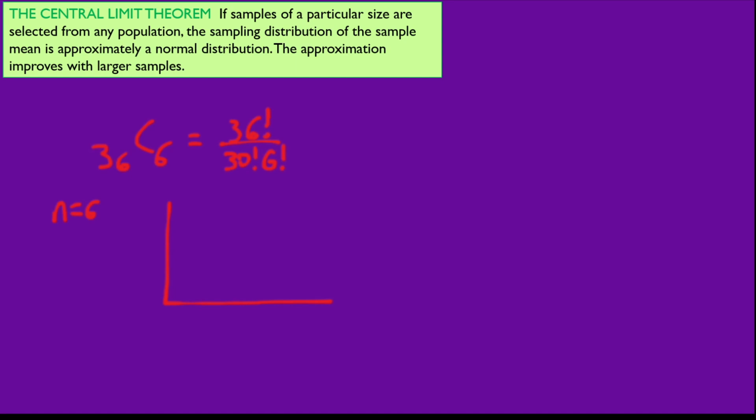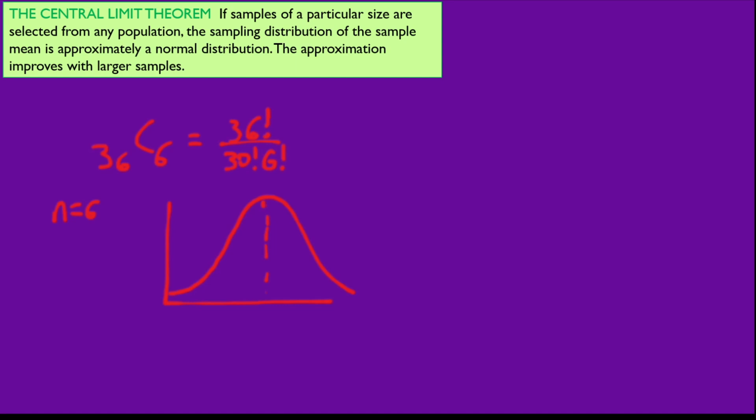In Chapter 7, we learn about normal distributions and how to calculate percentages or likelihoods of falling in certain areas of the normal distribution using our z-score and our z-table. We're going to be able to use the same methods here because we're able to assume a normal distribution.